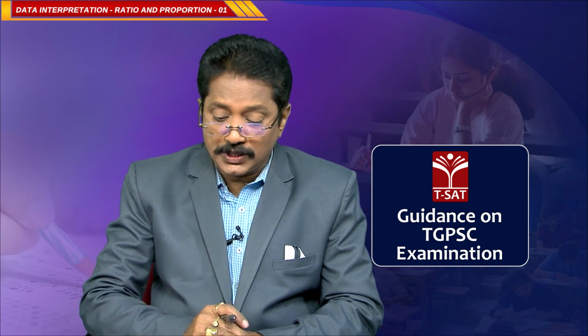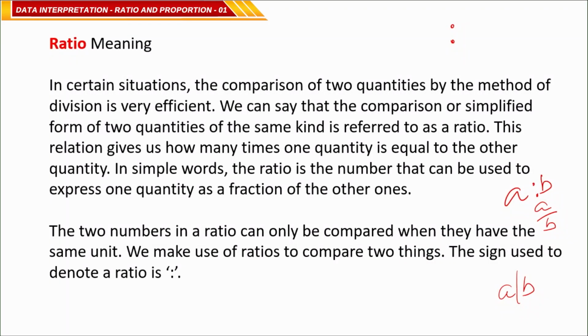The ratio is a number that can be used to express one quantity as a fraction of another. Clear? For example, 10 millimeters equal 1 centimeter, which means 1 by 10 centimeters equals 1 millimeter, that is, 0.1 centimeter is equal to 1 millimeter, correct.